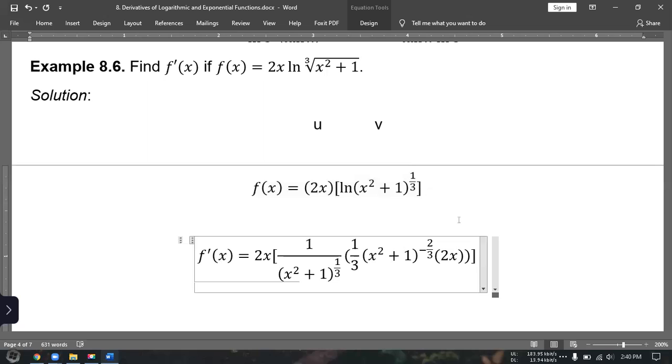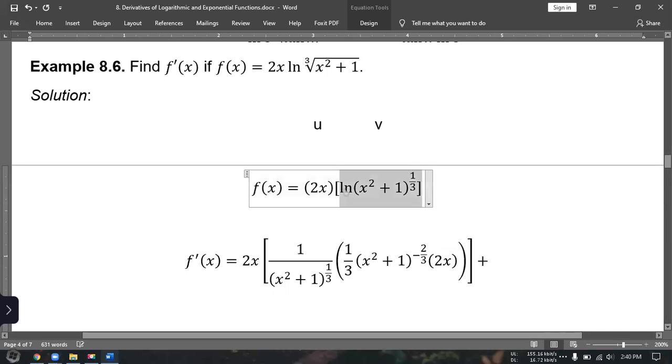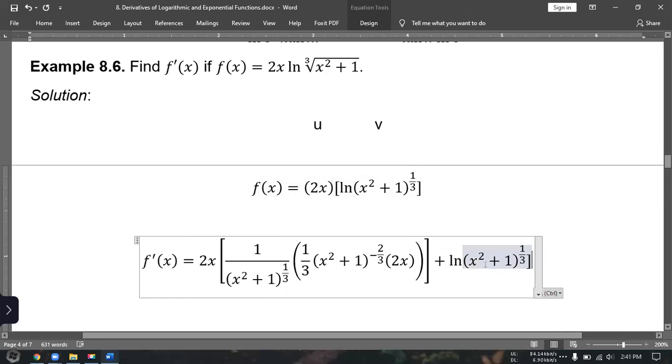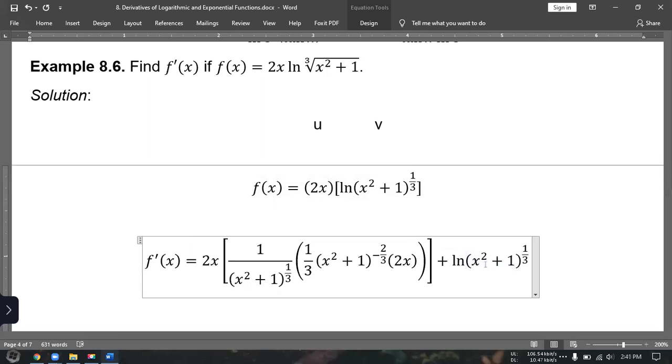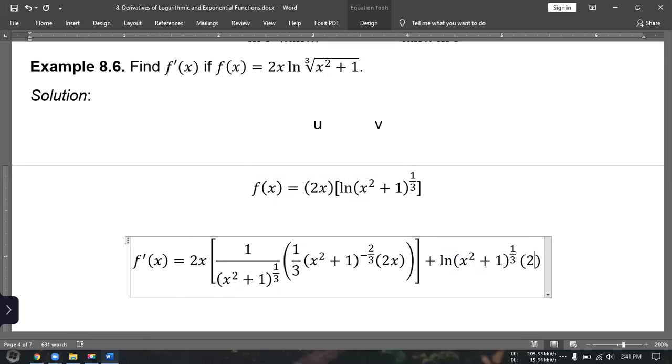Copy the second factor. Then multiply the derivative of the first factor. This is 2x. The derivative of 2x is 2. And then that's it. Now simplify this.